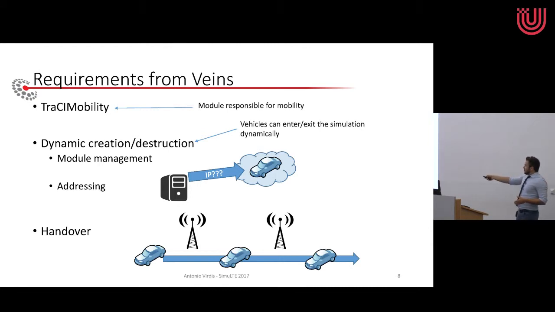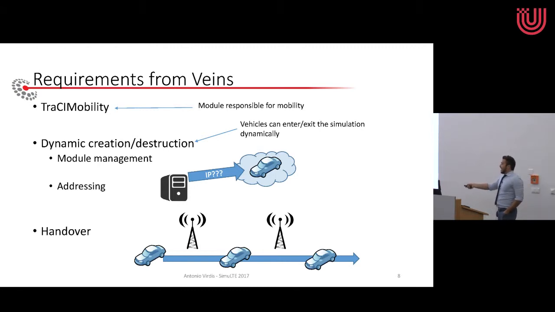And this is important for two elements. The first one is that we need to dynamically create the modules or the compound modules within OMNeT, and on the other hand, we need to provide some kind of dynamic addressing, because those modules need to get an IP as soon as they are created.